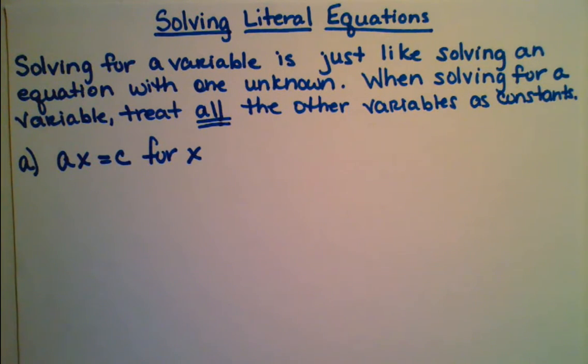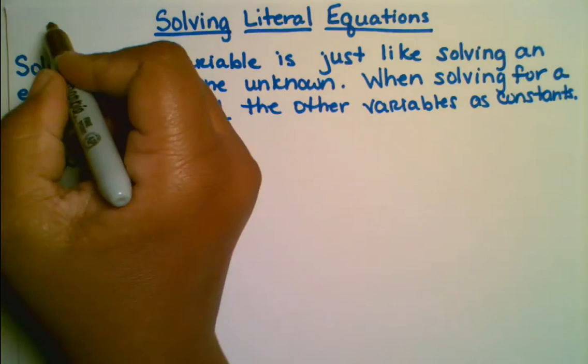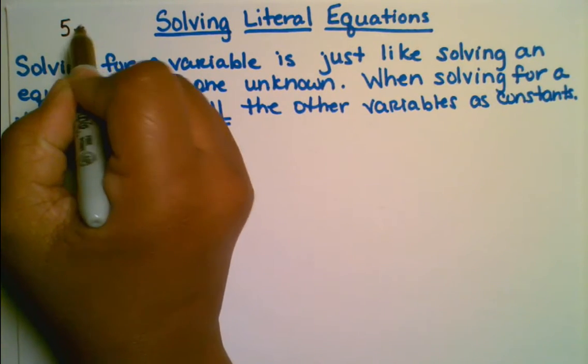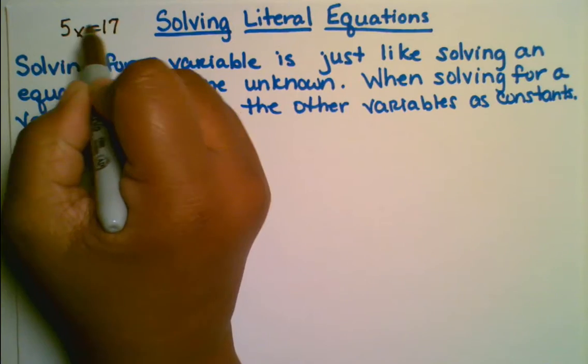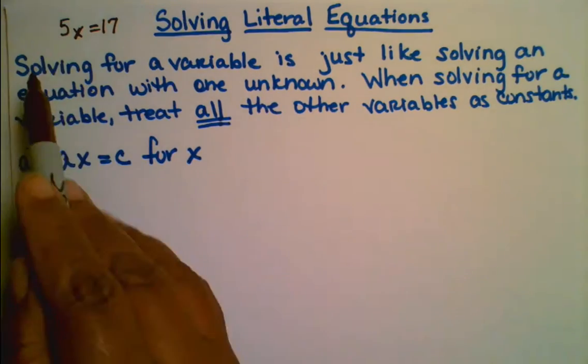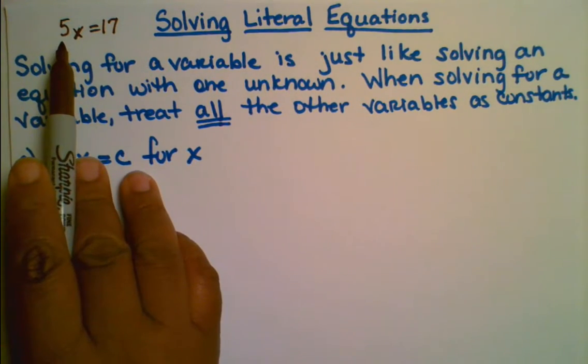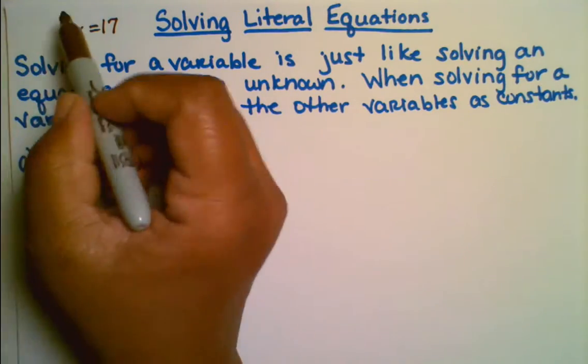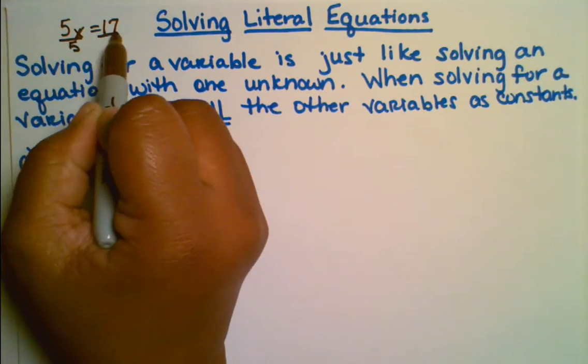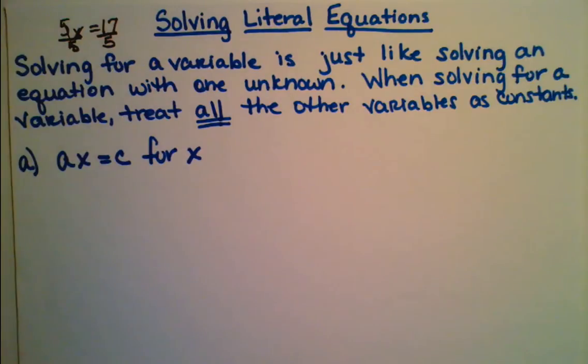For example, if you had something such as 5x is equal to 17, when we solve for x, we have to divide by 5 on both sides, and we have x is equal to 17 over 5.